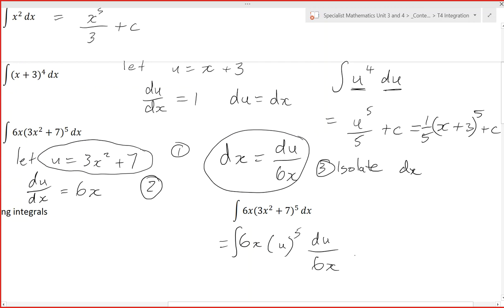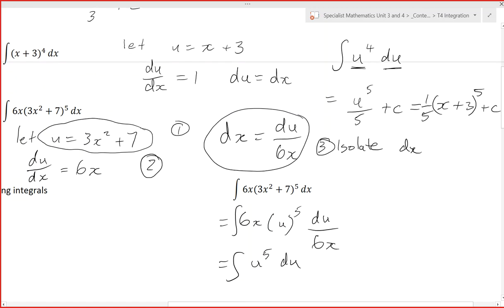Cancel. So the 6x will cancel out. Nice. So this is called when the derivative is present. So if the derivative is present, it's going to cancel out and eliminate the derivative. Pretty cool, hey? I don't know.